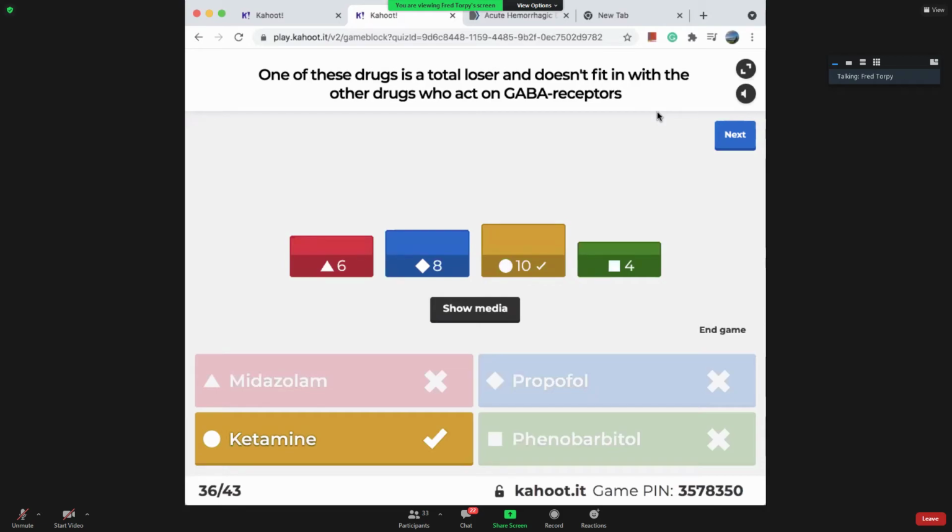So this is one where we're just kind of knowing your mechanisms. He wasn't as clear, but midazolam, propofol, and phenobarbital, all of those act on your GABA receptors. Does anybody remember if they're agonists or antagonists? Agonists. Yeah, so they're all agonists.